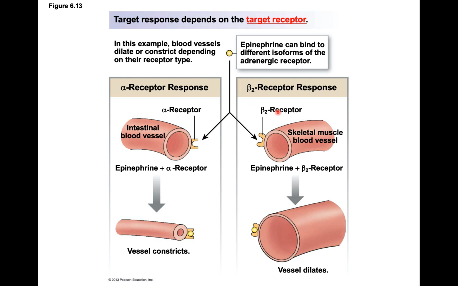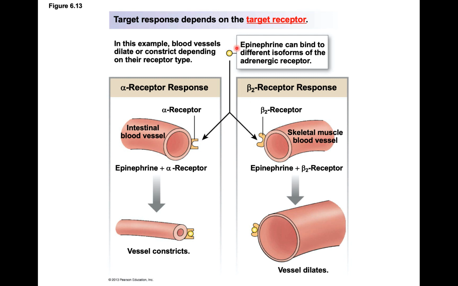One place out of many that alpha and beta receptors are found is going to be on blood vessels. There's alpha receptors on blood vessels and there's beta receptors on blood vessels. They're found in different systems. For example, there's alpha receptors in the intestinal blood vessels and there's beta receptors on the skeletal muscle blood vessels.